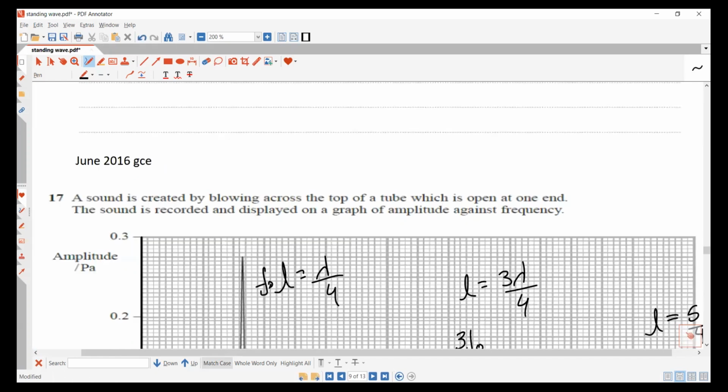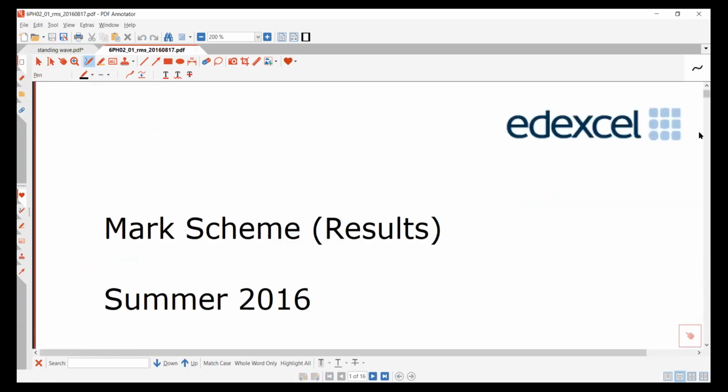My bad. They wrote June 2016 here. I wrote June 2016. I don't have any GCE paper. Oh, I opened Jan 2016. June 2016 GCE. Question number? 17.